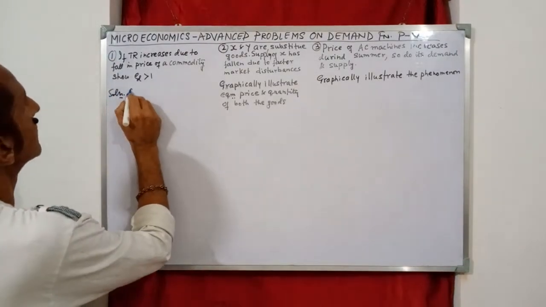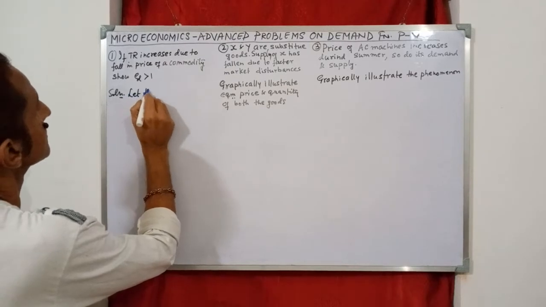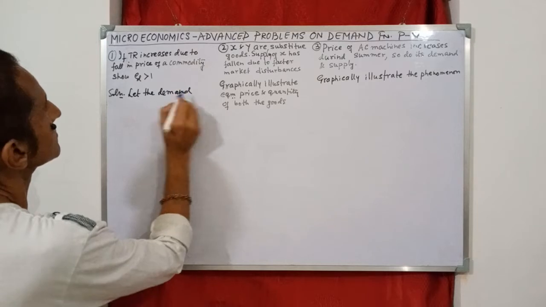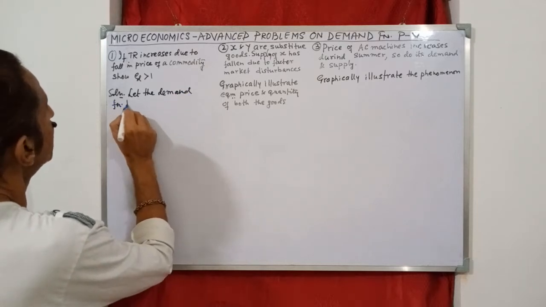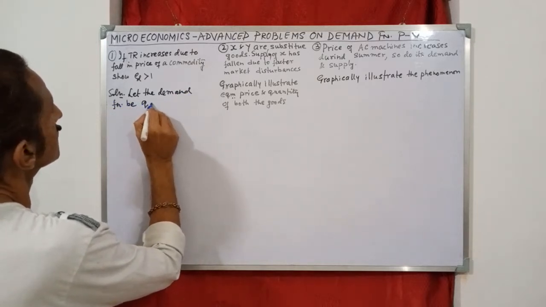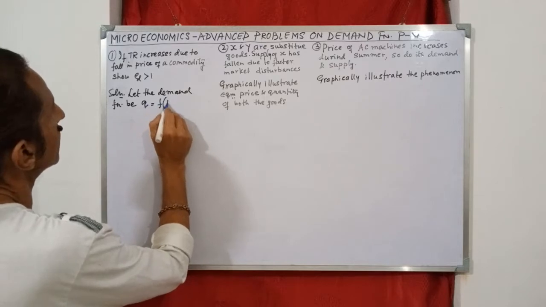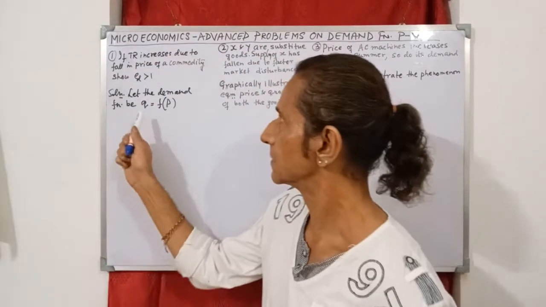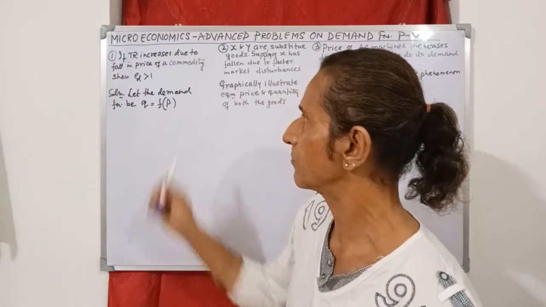Solution: let the demand function be Q equals to F(P). This is the demand function, Q equals to F(P).